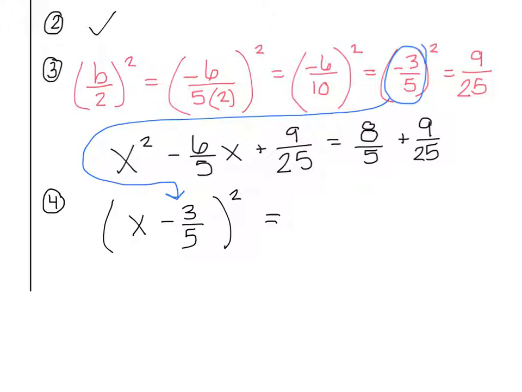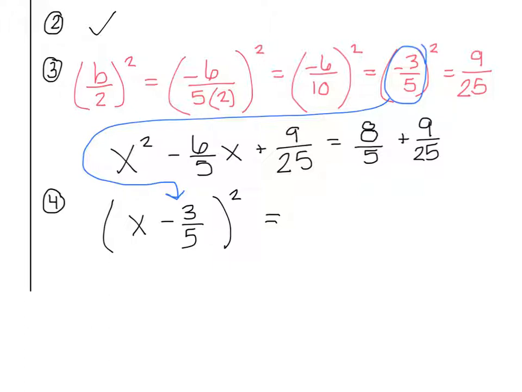Okay, and then from where? Oh, from before you squared it, to get the 9 over 25, we need that number. If you are more comfortable with just finding b over 2 again, you can, but I'm just letting you know you've already done all the work.